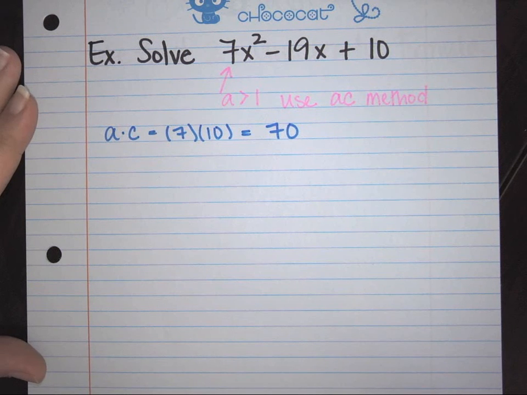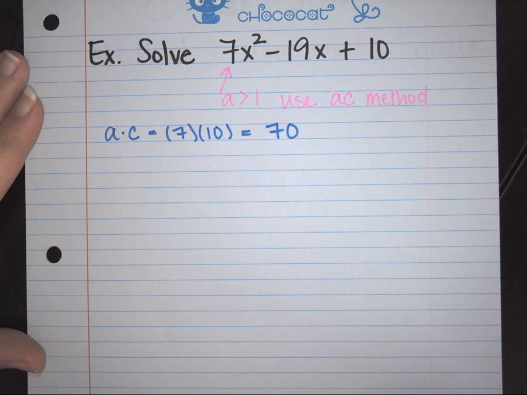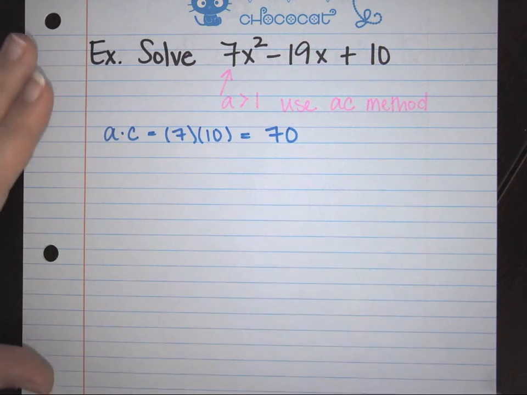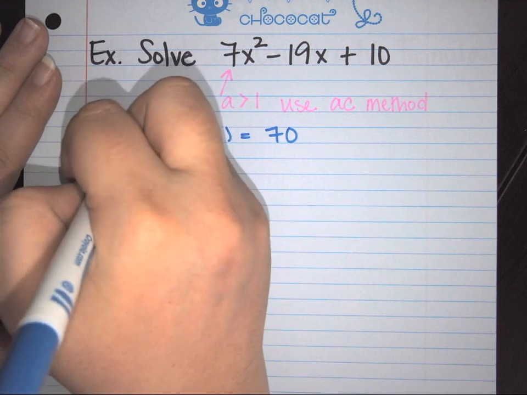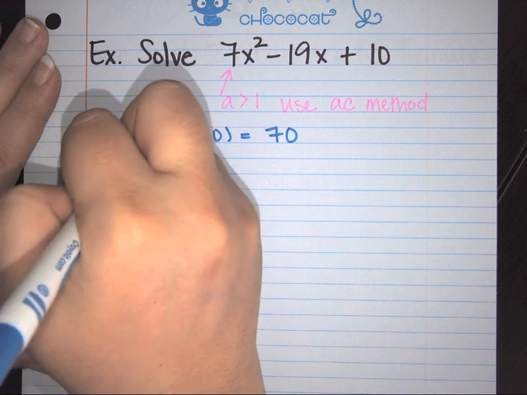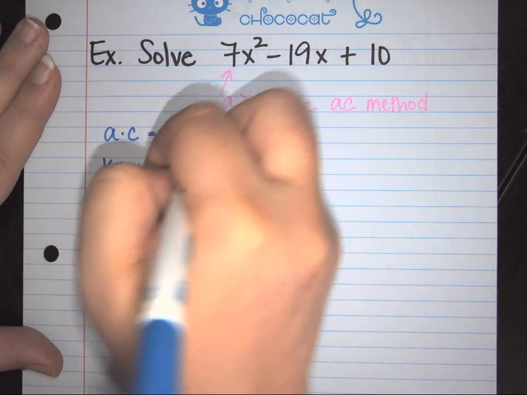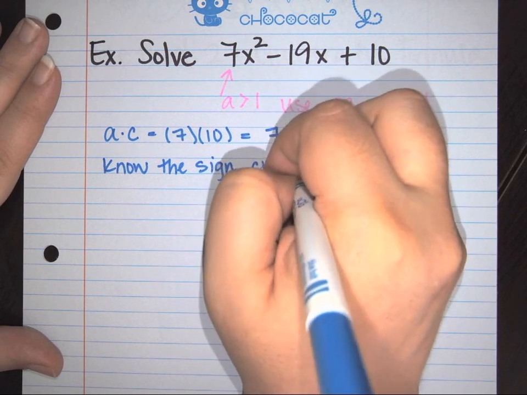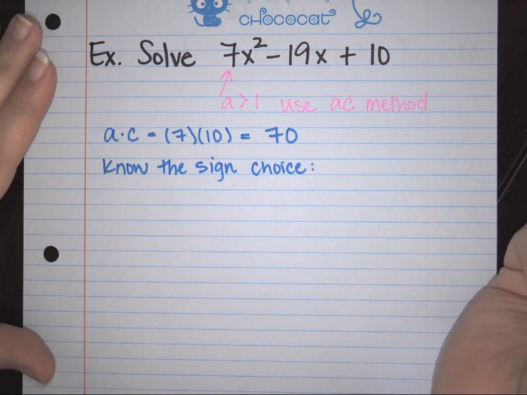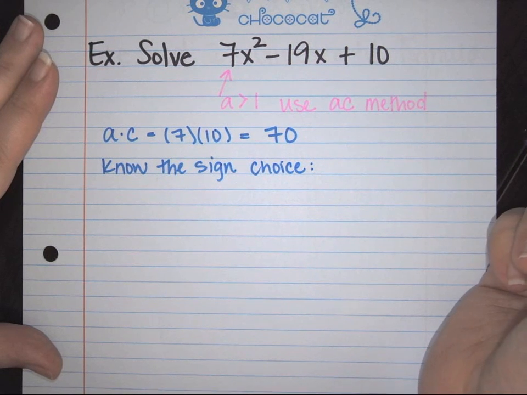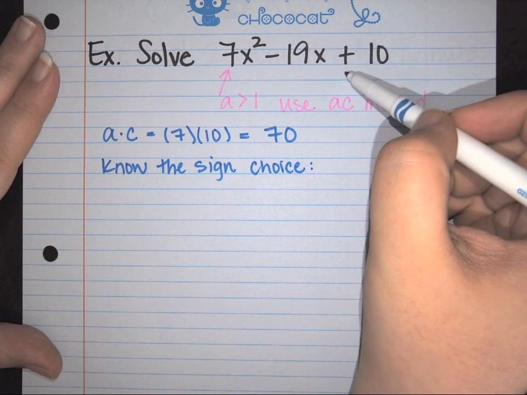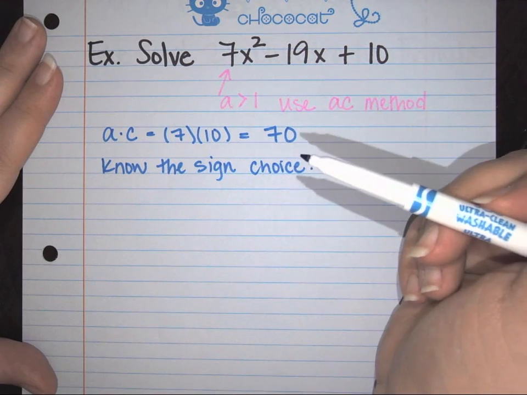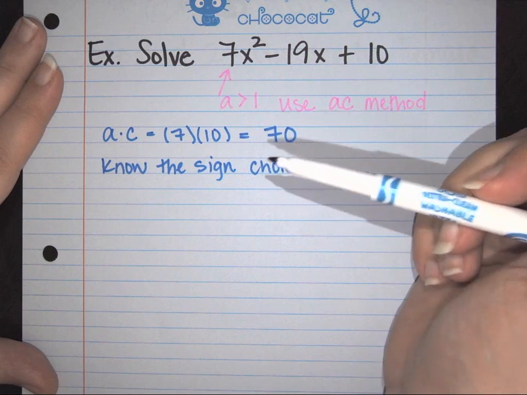You then have to find factors of 70 that when added together will give you a negative 19. So again, once you find AC, the next thing that we need to do is know the sign choice. Again, that's going to be the same as what we did in the previous one, where this back sign here is going to tell us which combination we have to choose from, and the front sign is going to tell us which of those combinations we have to use.